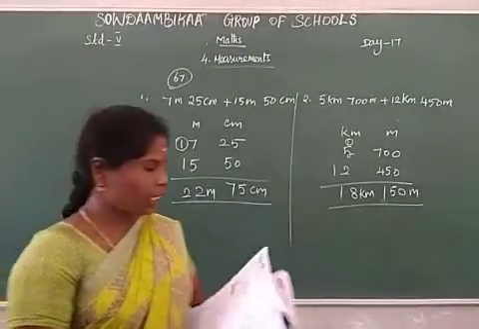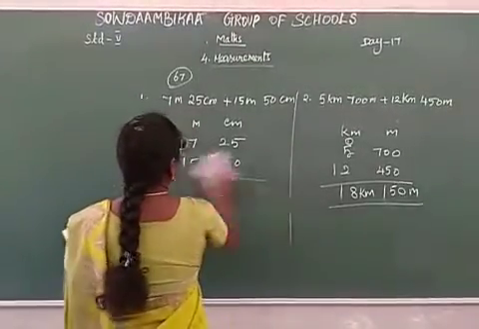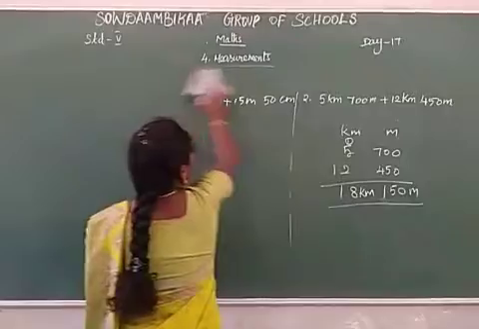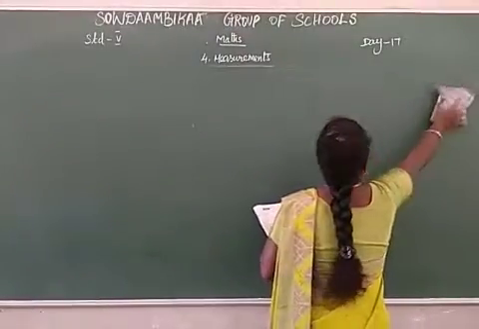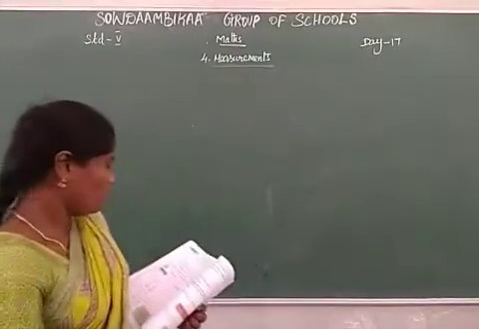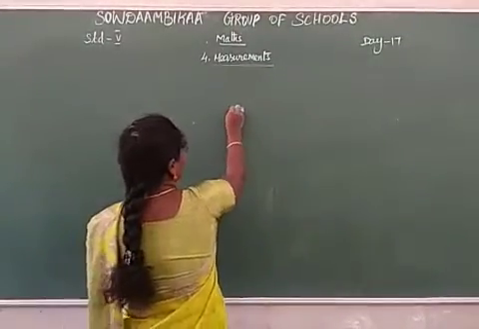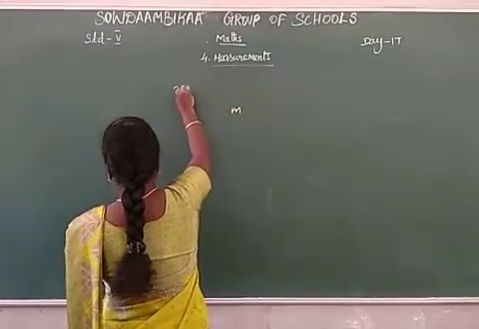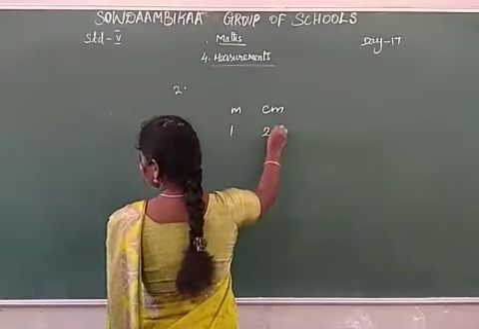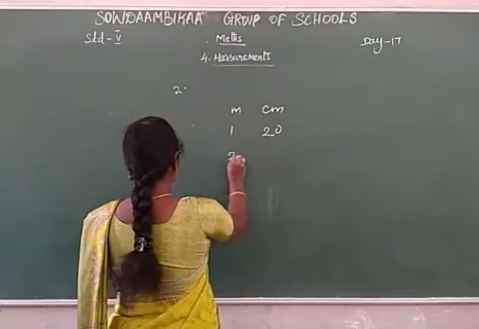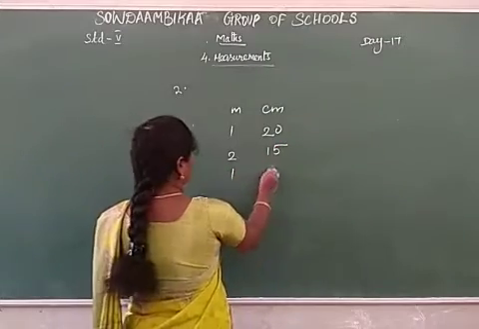page number 68. Example: the lengths of 3 ropes are 1 meter 20 centimeter, 2 meter 15 centimeter, and 1 meter 25 centimeter.